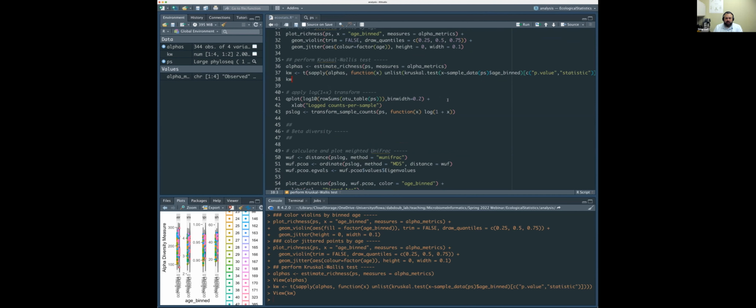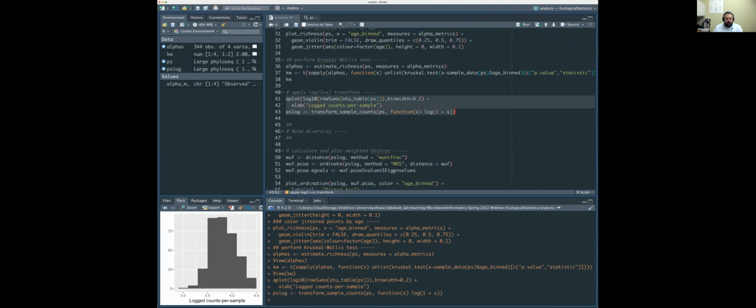So the next thing we're going to do is apply a log transformation. And we can see here one of the desirable qualities of a log transformation. One of the reasons, in addition to log transforming the data into Euclidean space, which can be useful for some things, is that you can go from whatever kind of distribution your data had before to something that looks more or less normally distributed.